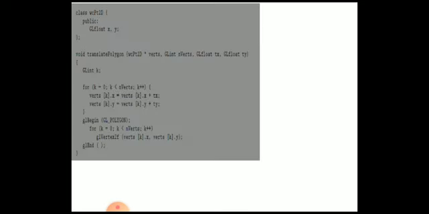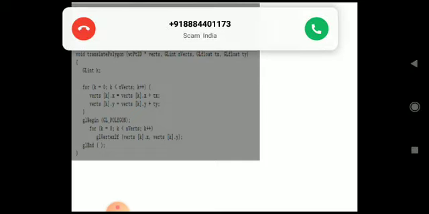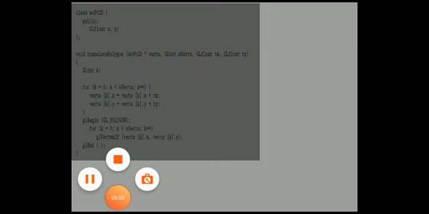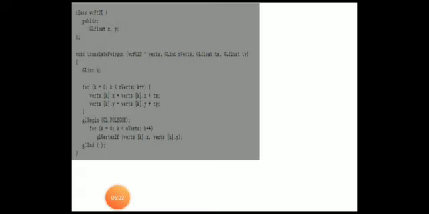Now this is the code that we use in OpenGL in order to translate a polygon, or any geometric shape.